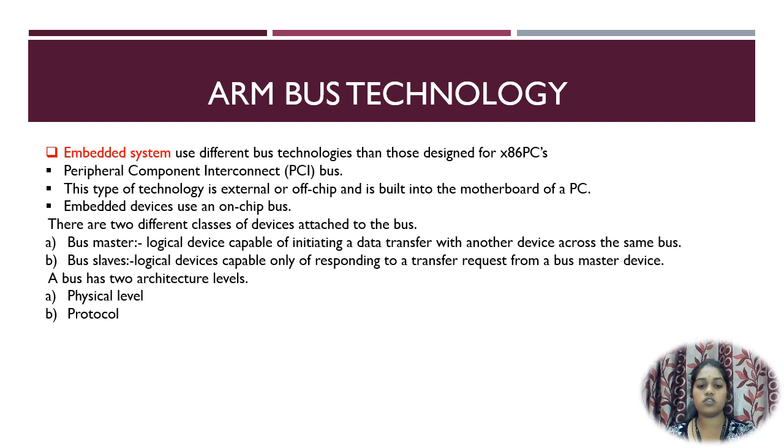The bus master has an ARM processor and the bus slave has a peripheral device. A bus has two architectural levels, that is the physical level and protocol. Physical level is the electrical characteristics and has bus width. Protocol level has the logical rules.